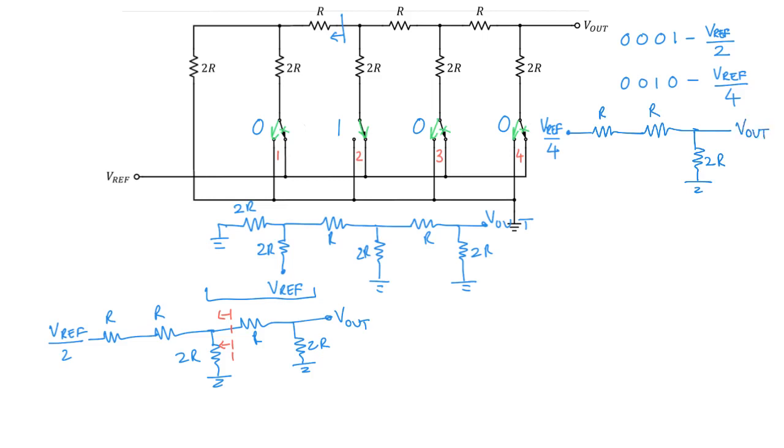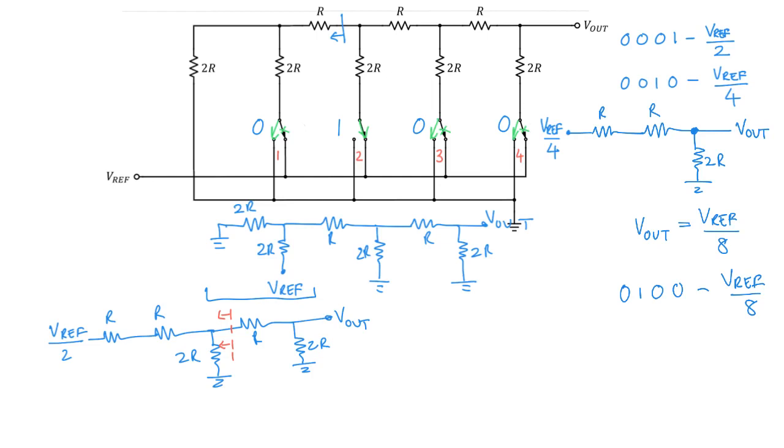And this, of course, easily leads us to V out equal to V ref over 8. So the signal here is going to be V ref over 8 for the code 0100. So for a code of 0100, you get V ref over 8, and so on and so forth.